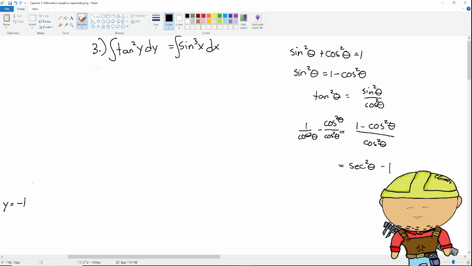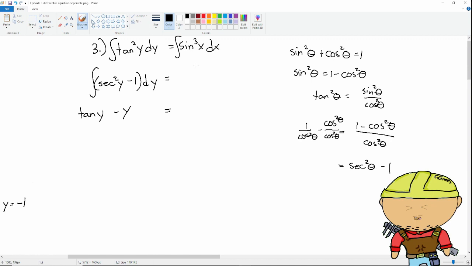So the integral of tangent square y becomes the integral of (secant square y minus 1) dy. Now secant square y has its own direct integration: it is tangent y, and the integral of negative 1 is negative y. We will not put c yet because we have not integrated the right part.